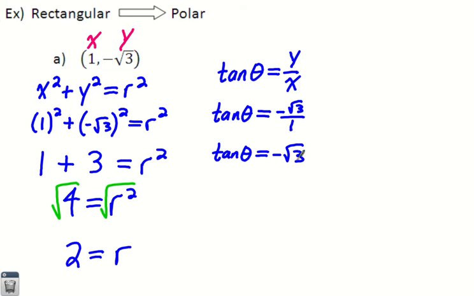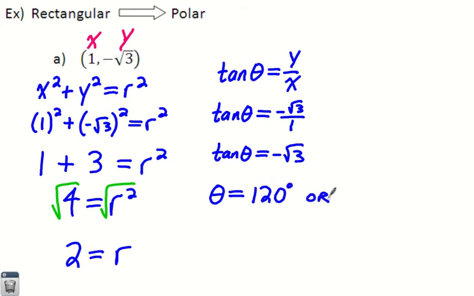Now here's where you probably go to your cheat chart, right? And looking at your cheat chart, people, what could theta be? So looking at your chart, when does the tangent of theta equal negative root 3? Well, that should be 120 degrees.